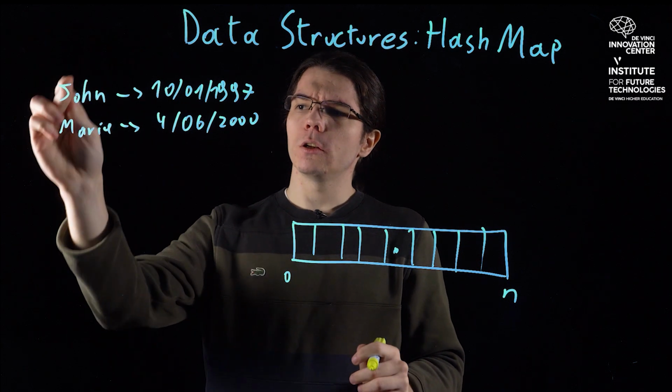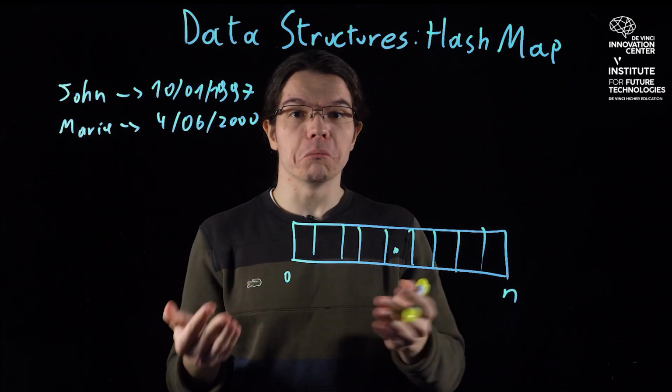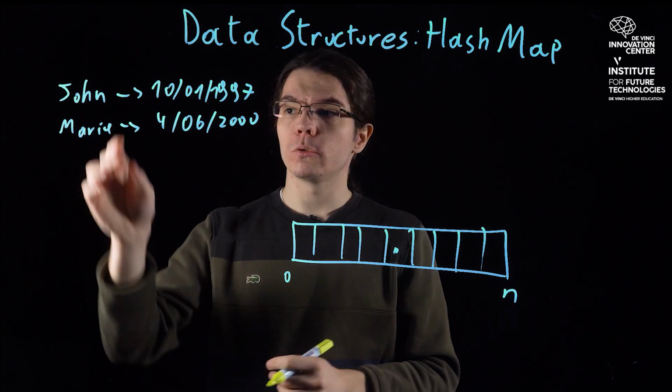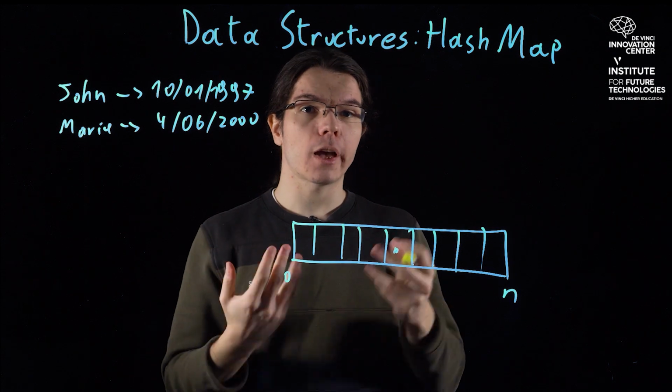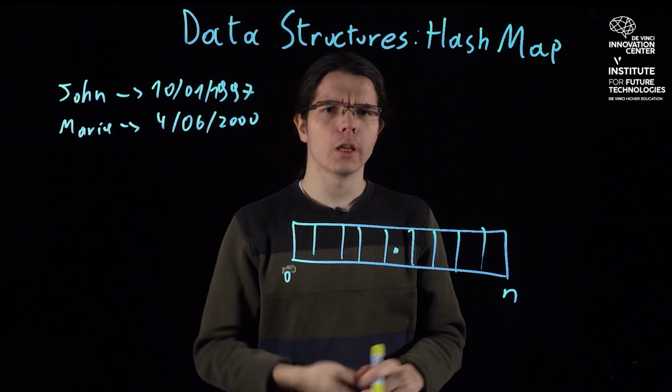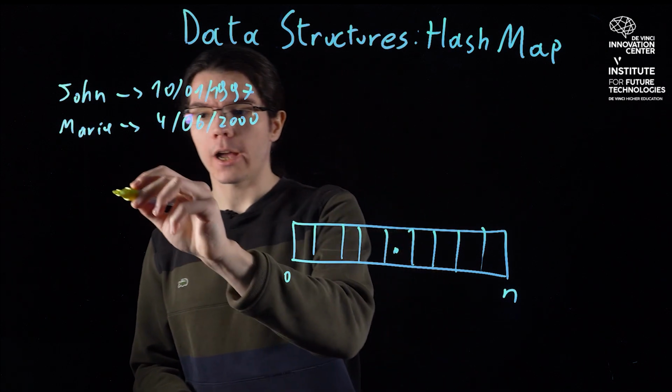But first, in order to have an index for this array from a string or any other object, we first need to take this object and transform it into an integer that we can use as an index. So in your exercises, you have a function which is called a hash function.